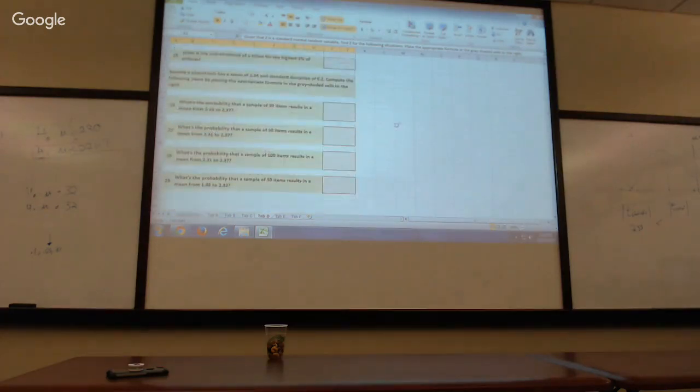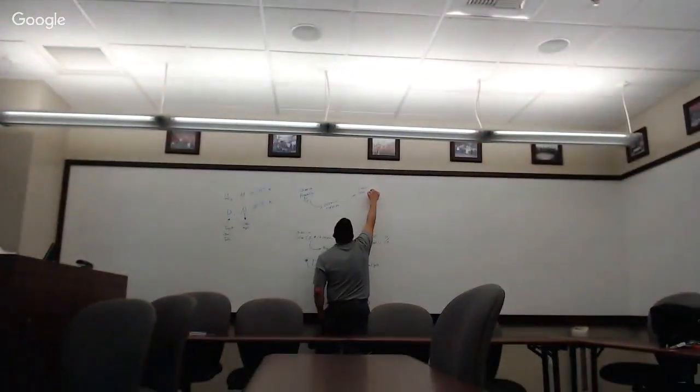When z is not in the question, we don't use the s. We just use norm.inverse and norm.distribution. If we're given a probability, we plug it into norm.inverse or norm.s.inverse, and then we get a value output, be that in z's or dollars or whatever.